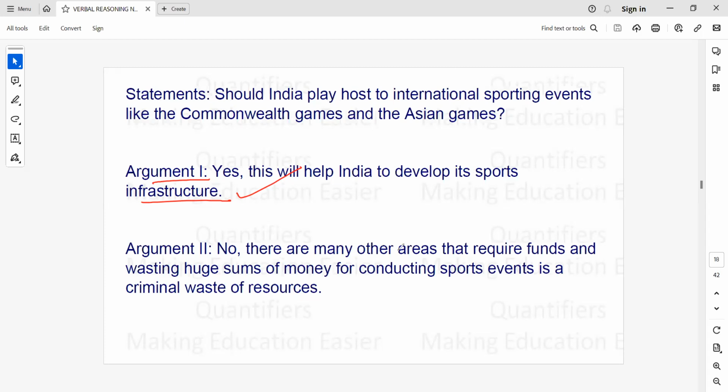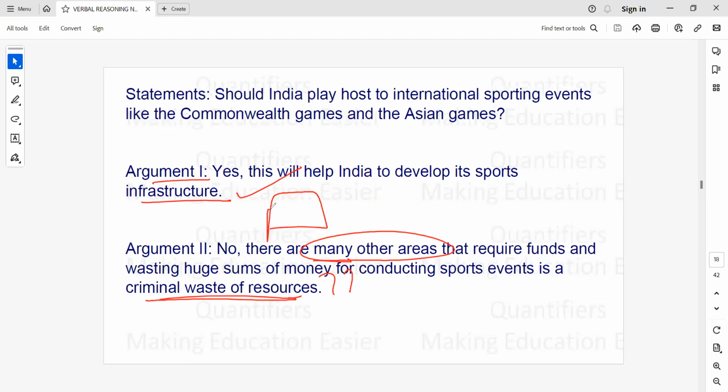No, there are many other areas that require funds, and wasting huge sums of money for conducting sports events is a criminal waste of resources.